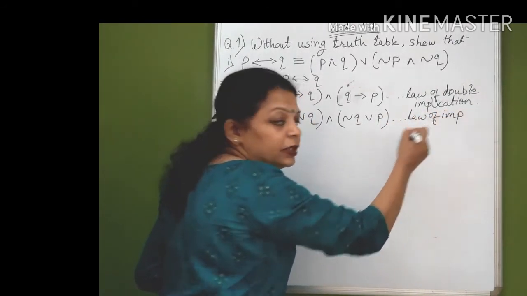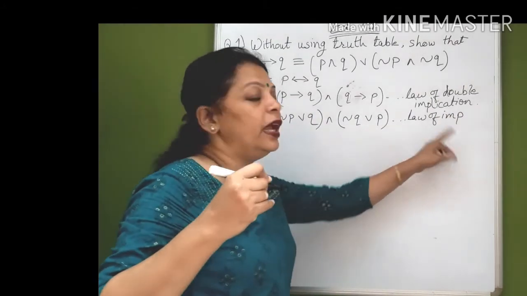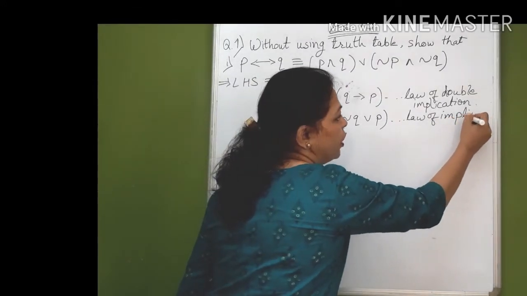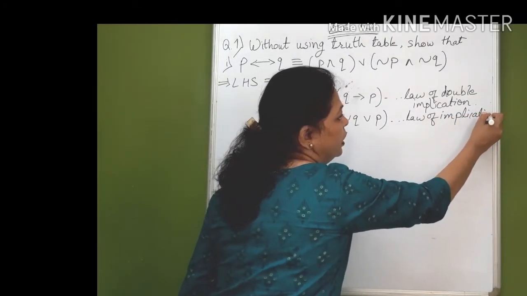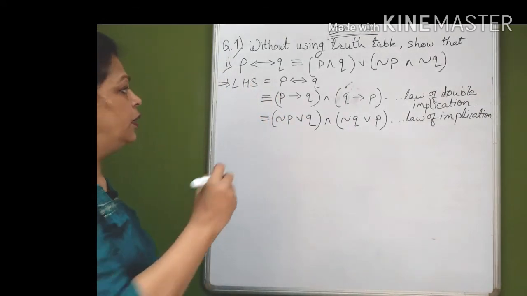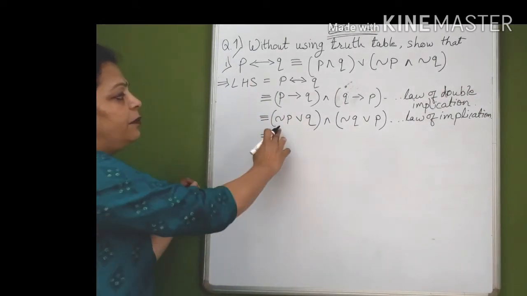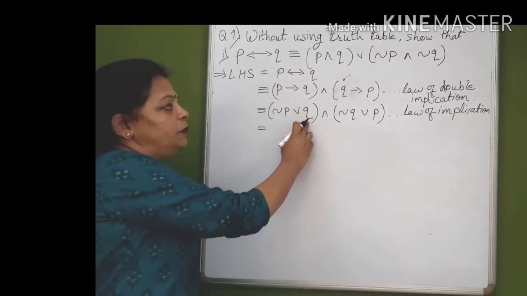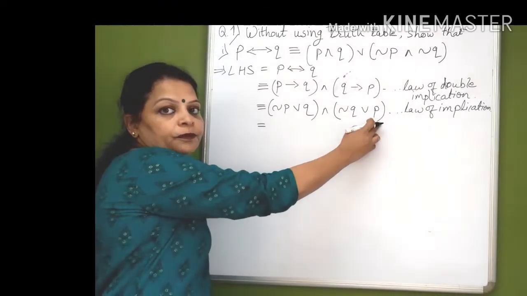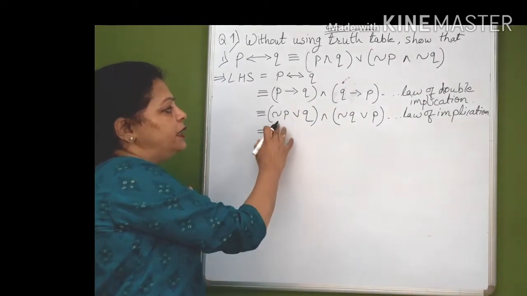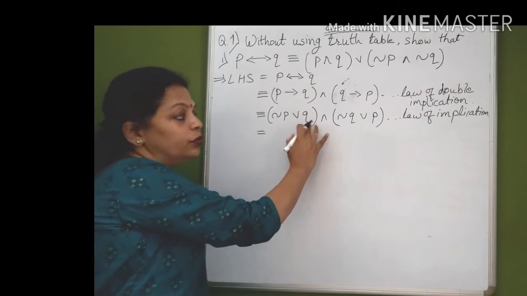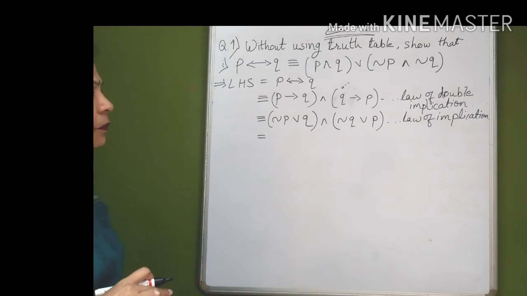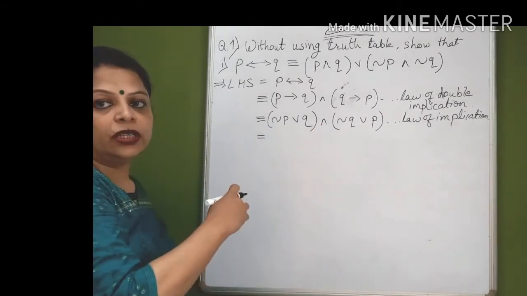Now students, remember this. You have to write the reason for every step. The rule that you are going to use, you have to write it over here. Otherwise, you will not get full marks. Now, this is the same as in algebra where we use the distributive law: A plus B into C plus D. Here your A is negation P, B is Q, C is negation Q, D is P. So let us solve the brackets.